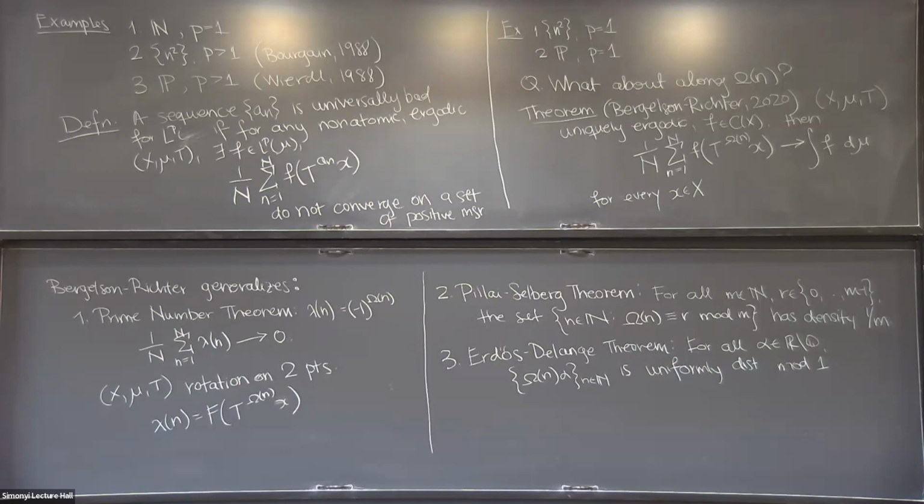So Bergelson and Richter's theorem really does heavily rely on both the condition of unique ergodicity and the continuity of the function. Both of those are used pretty heavily in the proof. And so the question is, what happens when we start changing these conditions?